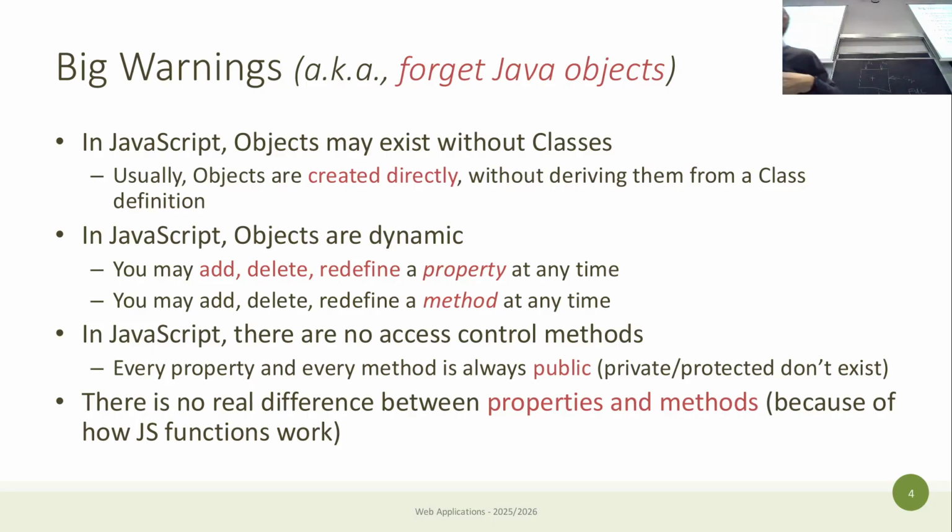This is not the way in JavaScript. So objects basically exist without classes. So they are sort of just a collection of properties, okay, that have a unique identifier, but each one of the objects is independent from the other objects.